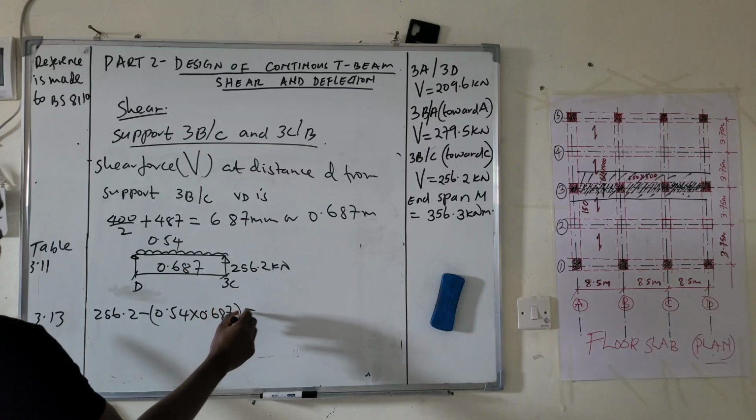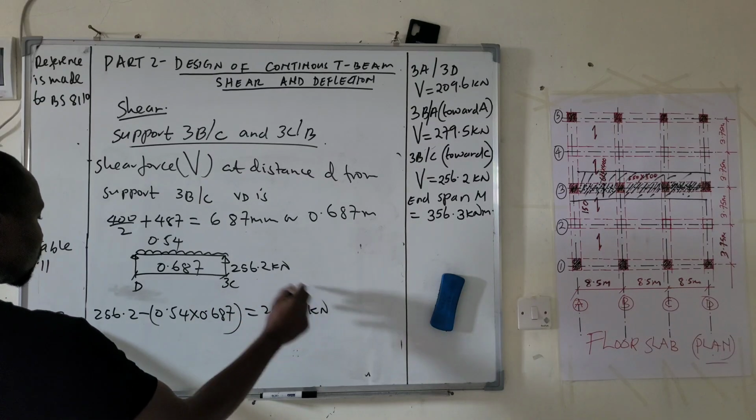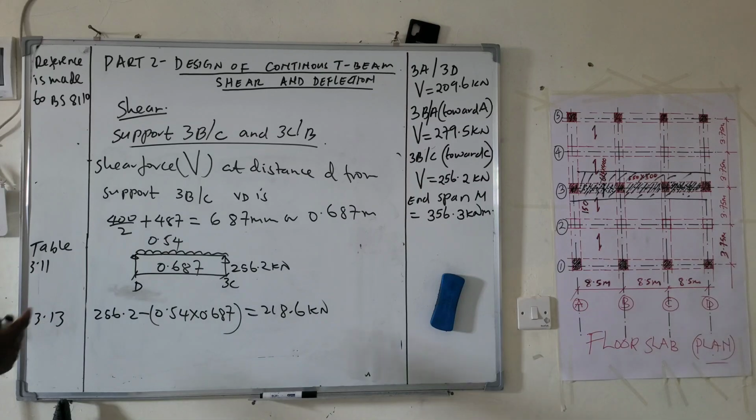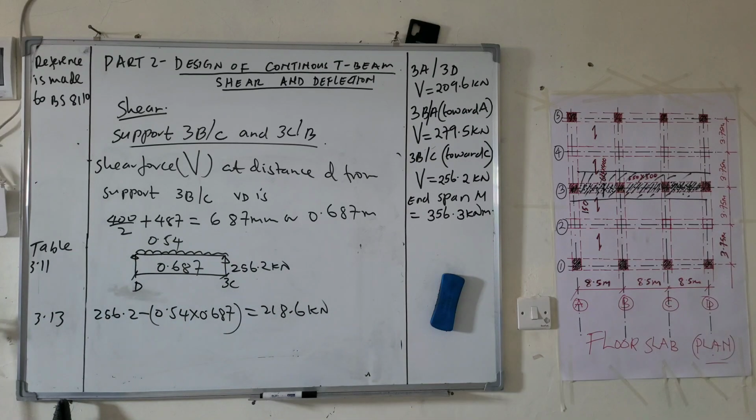So this one is going to be 218.6 kilonewton. So this is our shear force at critical point, which is away from 3C at a distance of 687 millimeter or 0.687 meters.